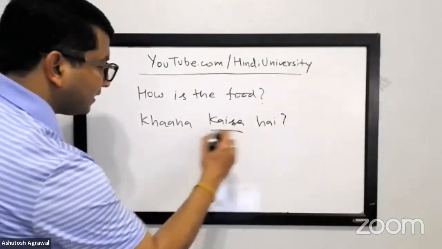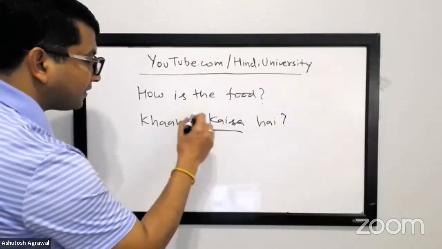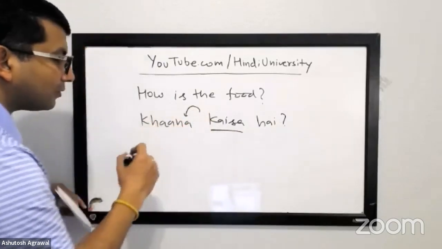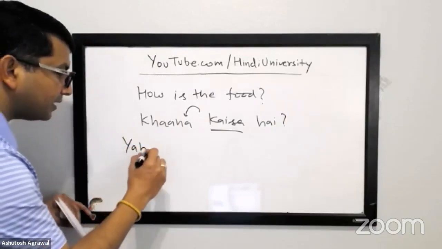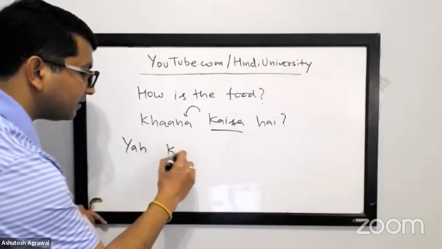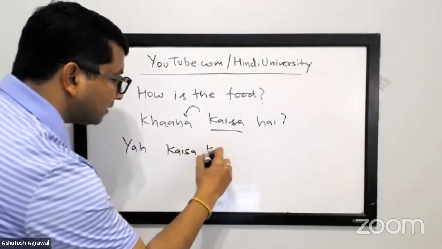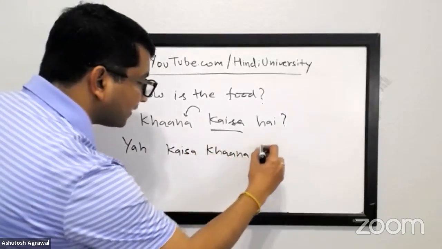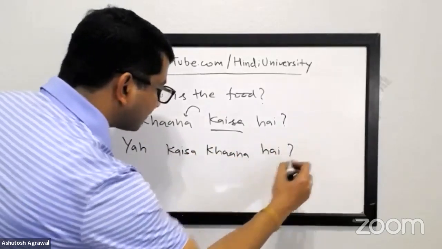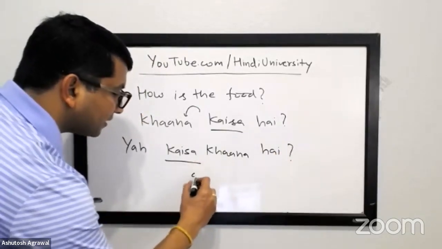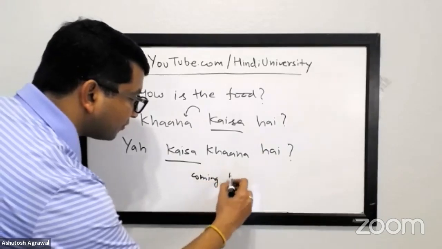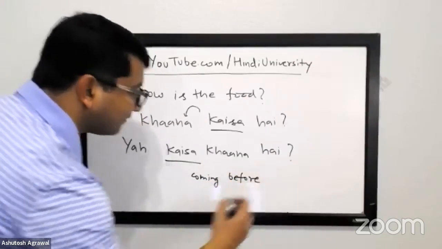कैसा is coming after the noun. But let's say you change the order here and you want to say यह कैसा खाना है. You see, कैसा is coming before the noun it qualifies.